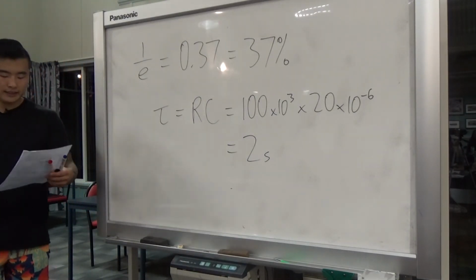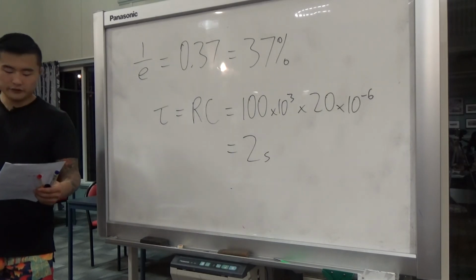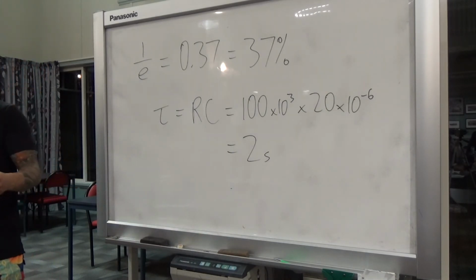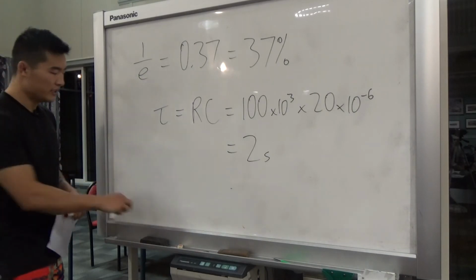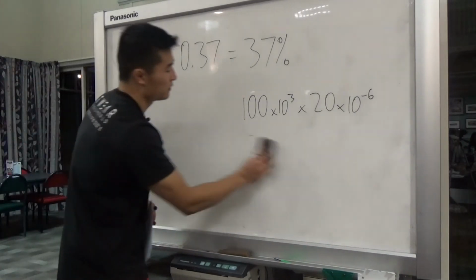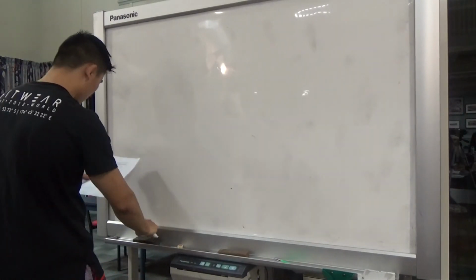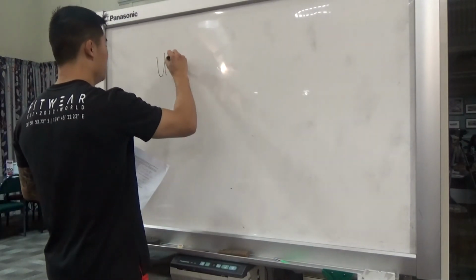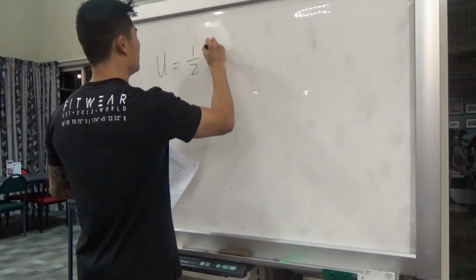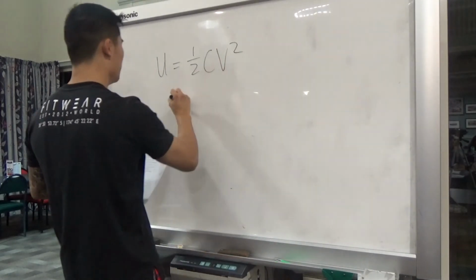Okay, and then number 11, when fully charged, how much energy is stored in the capacitor? So that's our equation from before. U is equal to half CV squared.